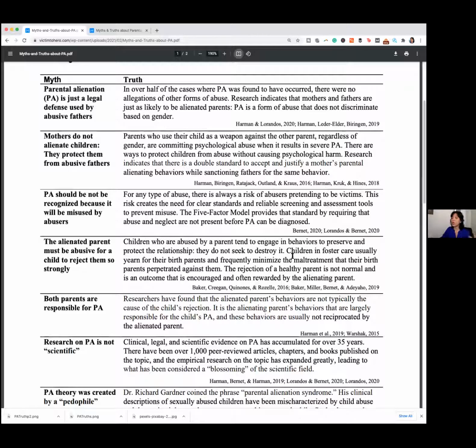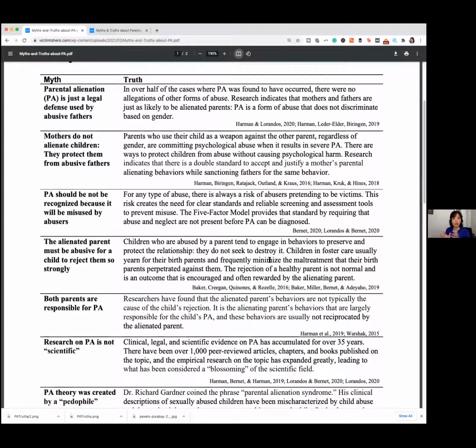Okay, and we see this in foster care. Children in foster care usually yearn for their birth parents and frequently minimize the maltreatment that their birth parents perpetrated against them. You have foster care situations where parents have been determined to be abusive, and these children are taken and put into the foster care system.